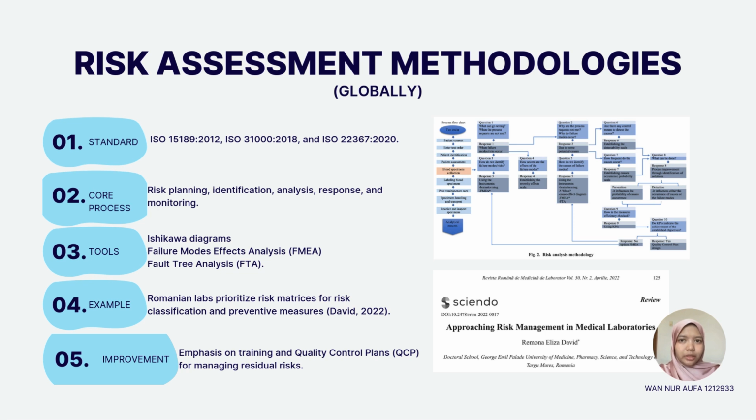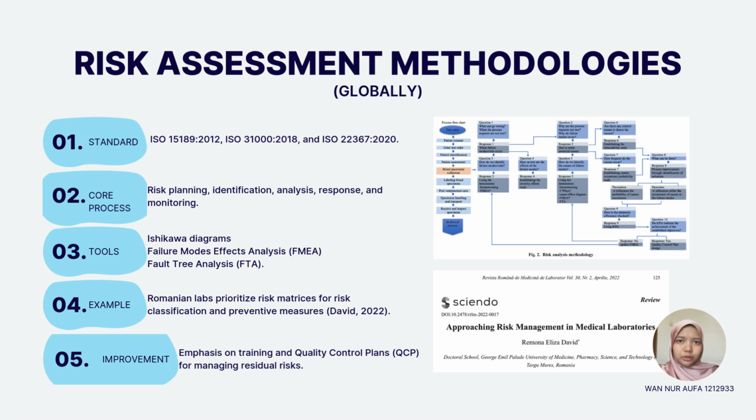Tools like Ishikawa diagrams, failure modes and effects analysis (FMEA), and fault tree analysis (FTA) are commonly used to identify and evaluate the risk. For example, the journal highlighted that Romanian labs prioritize using these methods to create risk matrices and ensure preventative actions are in place.